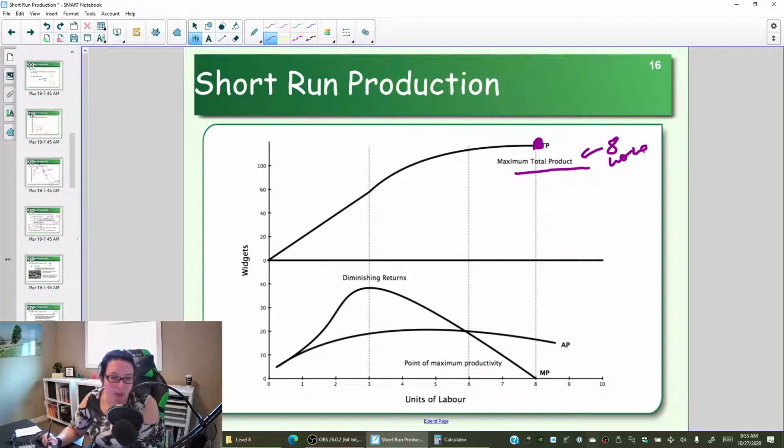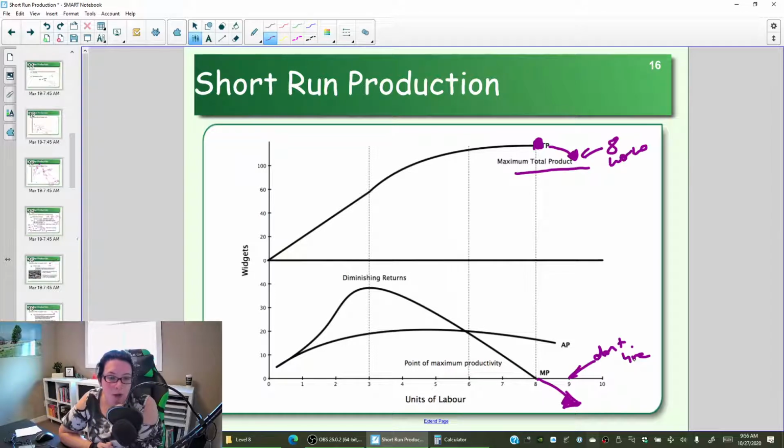After 8 units of labor, notice that the marginal product will become negative. So each additional worker you add after worker 8, you're basically paying them to destroy stuff. The total product would go down. So you would not hire more than 8 people. You're just paying them to destroy things.